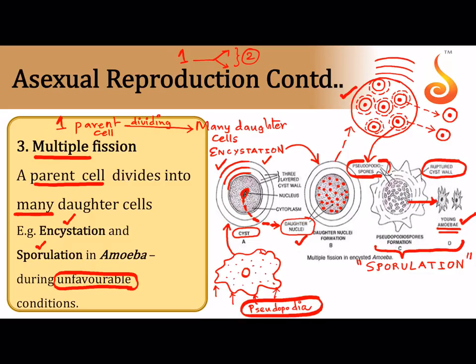One is called encystation and one is called sporulation. The process where the nucleus divides into daughter nuclei, each of the daughter nucleus gets enveloped by cytoplasm, forms a pseudopodiospore, emerges by the breaking of the cyst wall, and develops into young amoebae is referred to as sporulation. Clear to all of you? Okay.